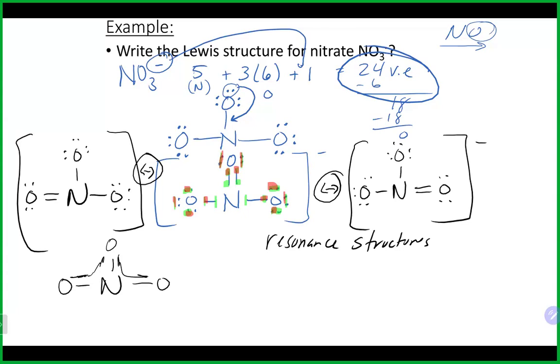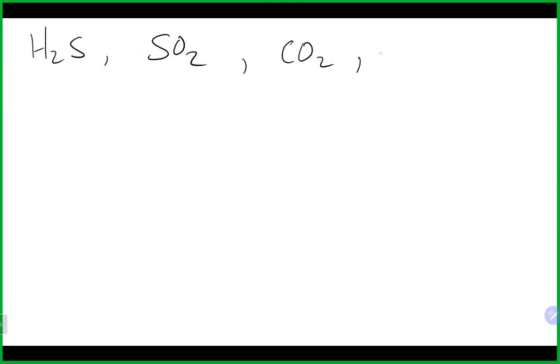Any questions on that there? All right, let's try a few more here just to make sure. Why don't you draw H2S? Why don't you draw SO2? Why don't you do a little CO2? Why don't you do a little CO3 2 minus and N2?